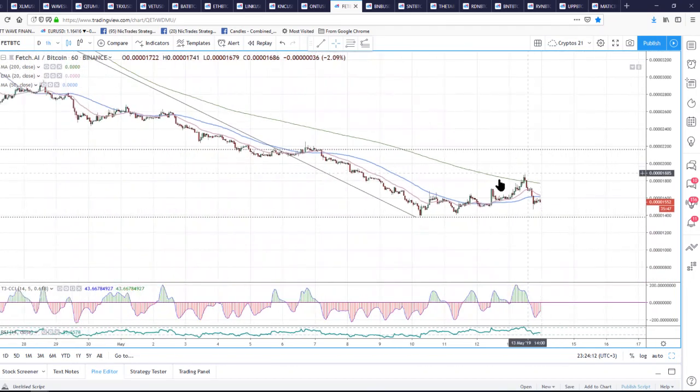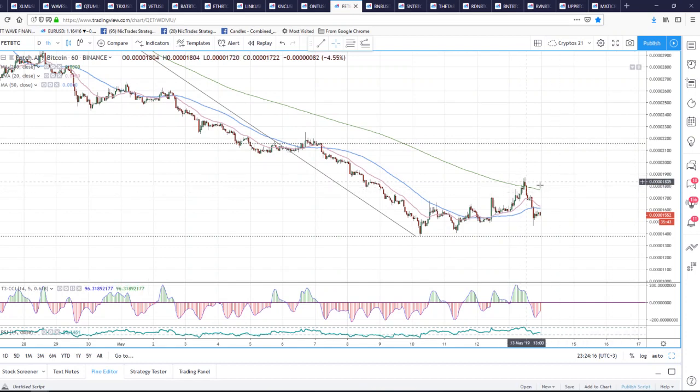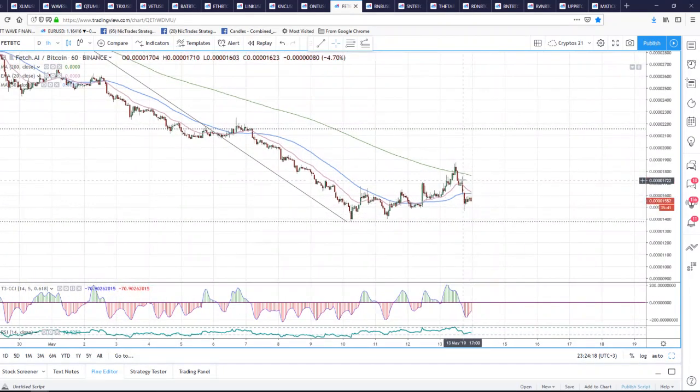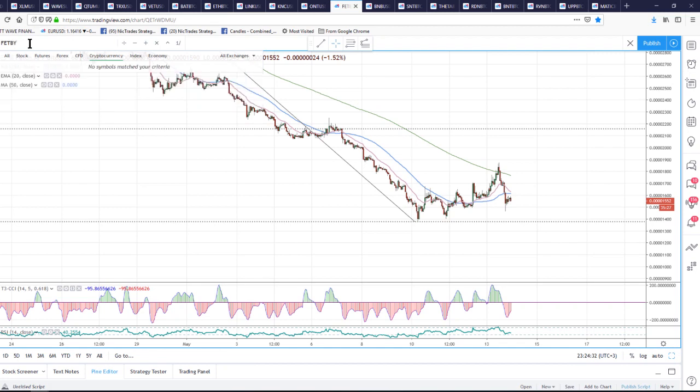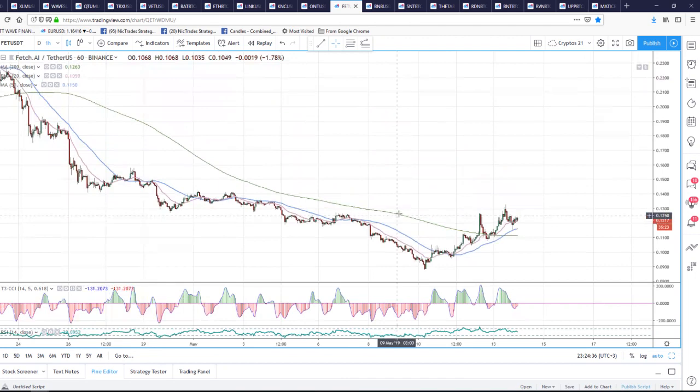Now, haven't managed to even reverse the hourly trend or get above the 200 moving average. So we need to wait and see what happens on a retest of the lows. But if we did that in a nice double bottom and started to turn the trend around, maybe. So Fetch Bitcoin, still better off in Bitcoin for now. But pretty much every coin, you can check against the US dollar.